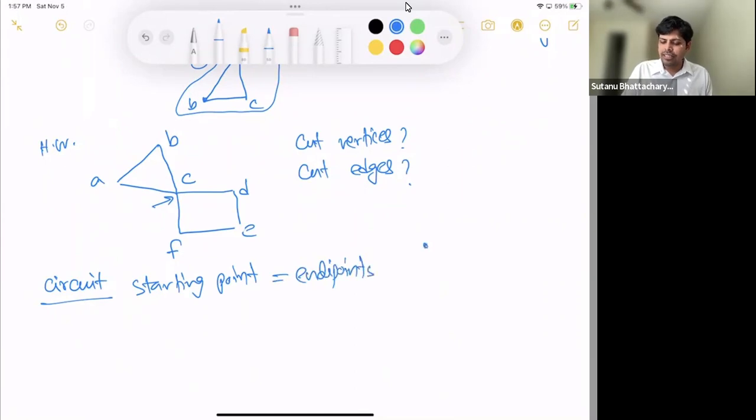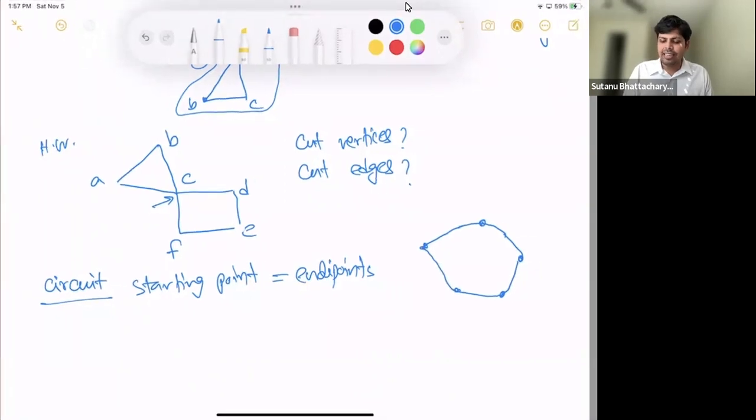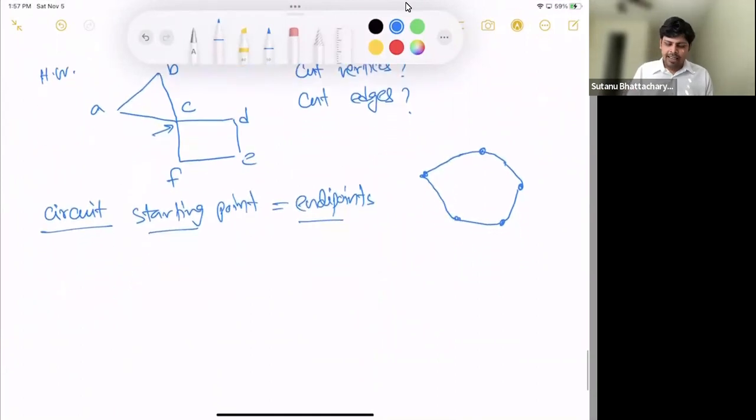So you start your journey from Montgomery, go to Atlanta, then New York, then Vegas, then maybe Utah, then you come back to Montgomery. So this is kind of a cycle. So this is a circuit. A circuit is also a path where the starting vertex is the same as your end vertex.